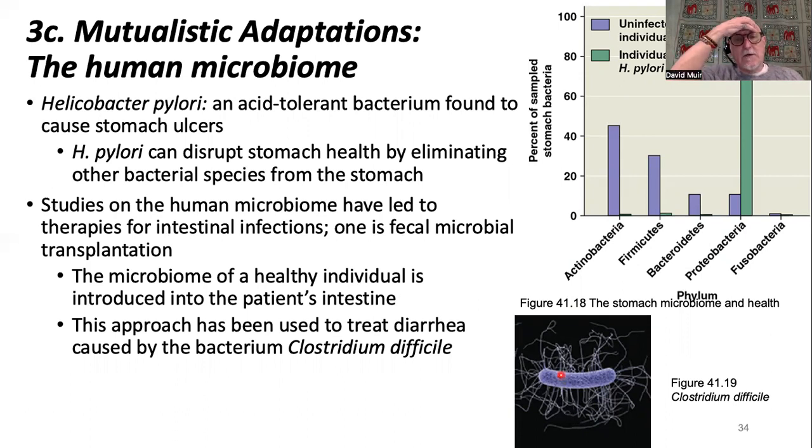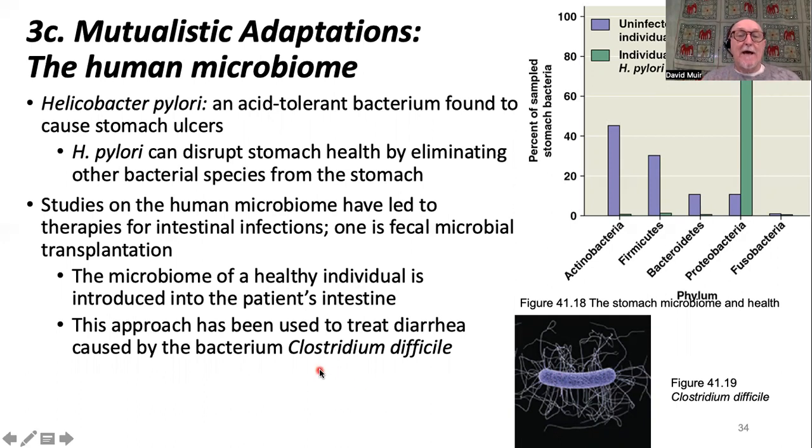Clostridium difficile is a huge problem in hospitals. It is quite widespread, and it can be lethal. It causes a very, very dangerous inflammation of the gut wall, diarrhea, and can cause perforation of the gut wall and death. And very, very difficult to treat indeed, until they discovered one thing.